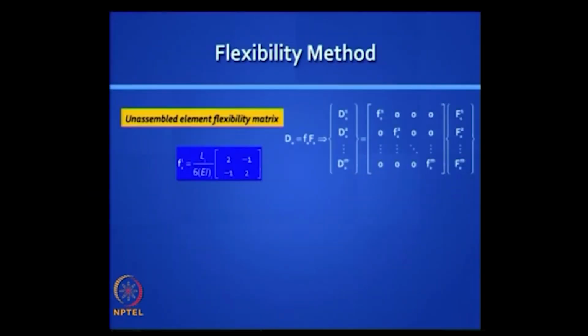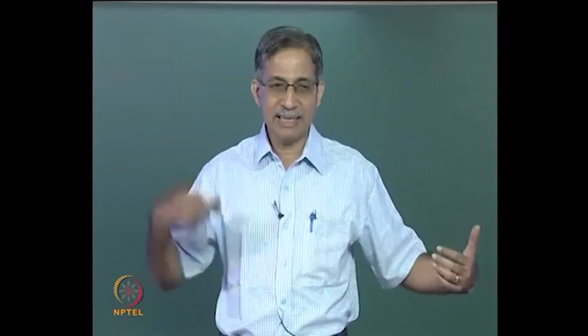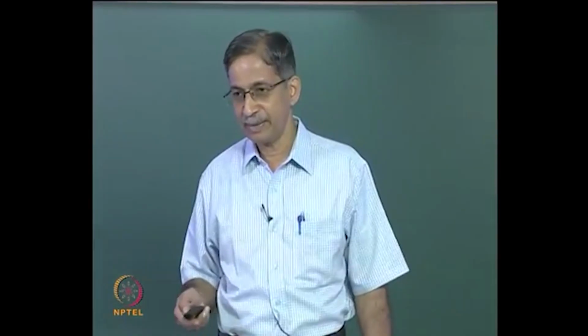Okay, so the F star matrix for the beam, the continuous beam, will be a diagonal matrix, right, because it is an unassembled matrix, and each of those elements in that diagonal matrix will actually have a size of 2 by 2 because you have 2 degrees of freedom, and Fi star is given by L by 3EI, L by 3EI, minus L by 6EI, minus L by 6EI. This part is very clear.